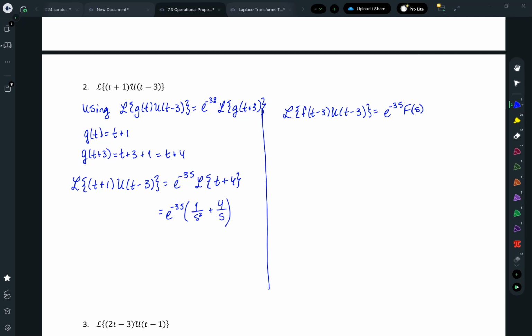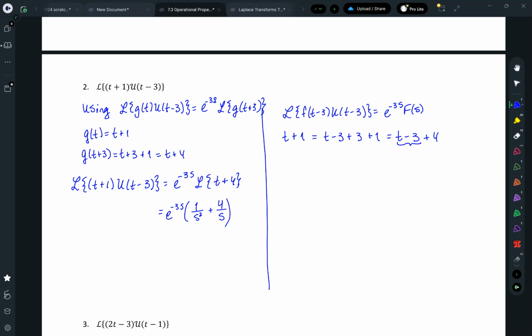Okay, so if we try it the other way, I need to rewrite t plus 1 so that it has a t minus 3 shift in it. So the way I do that is I write it as t minus 3 plus 1, which is going to give me t minus 3 and then a plus 4, where I'm keeping that t minus 3 separated from the plus 4.